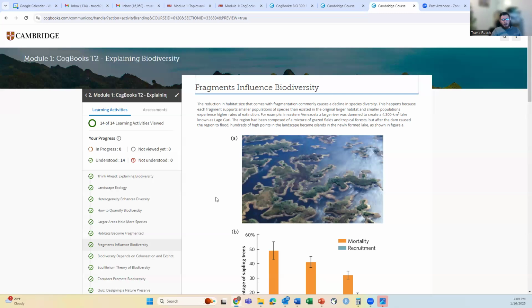Yeah, you're right on track again. It directly affects the abiotic conditions such as temperature and humidity because it gets rid of that interior core of that habitat. So it's exposed to the outside elements at a higher level.